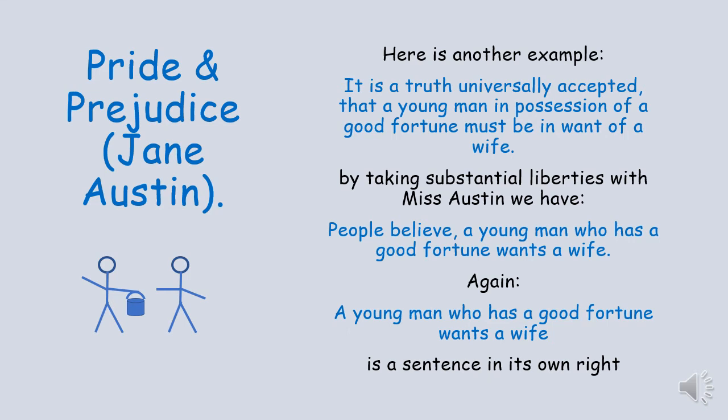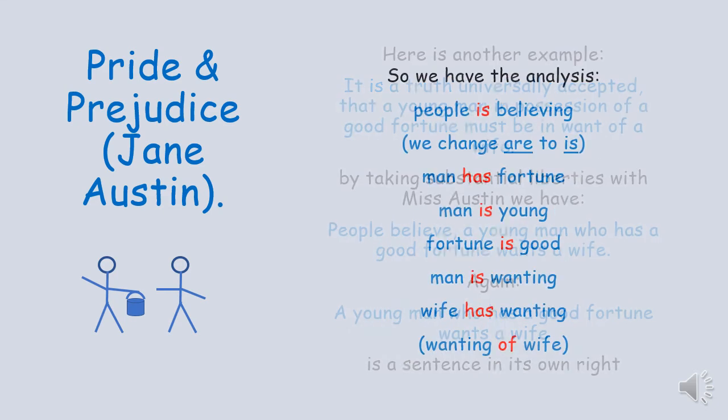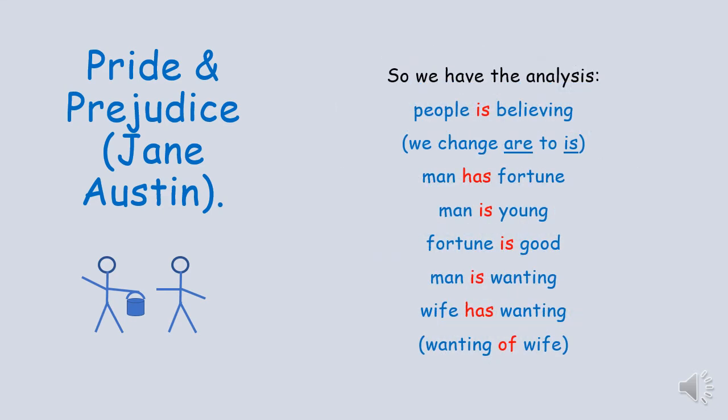And again, we have a young man who has a good fortune wants a wife is actually a sentence in its own right. So in this case, we can carry out two separate analyses on the initial and subsequent phrases, but we don't really have any way of linking them using the features and facilities which we've described so far.